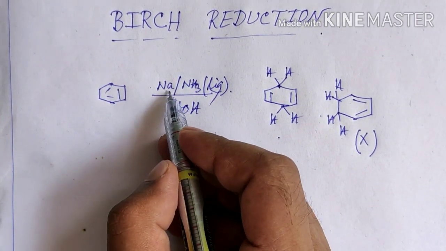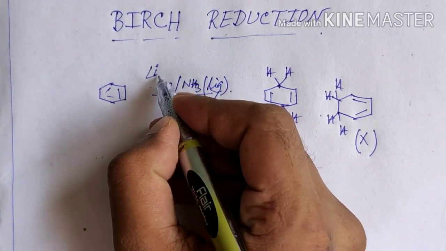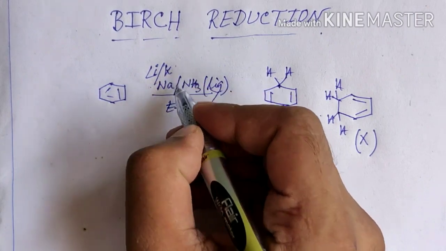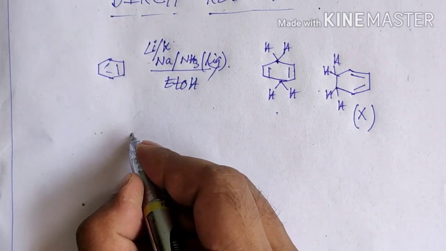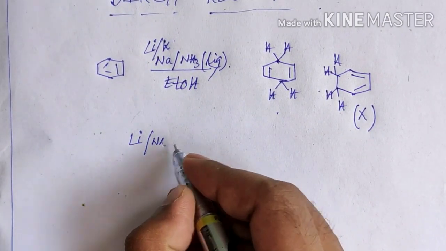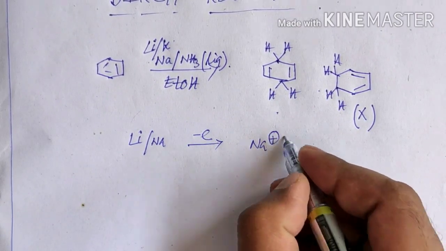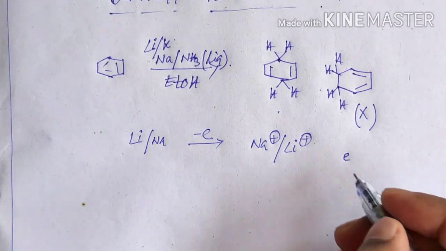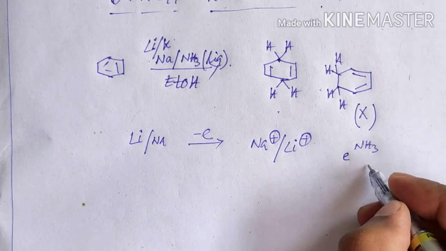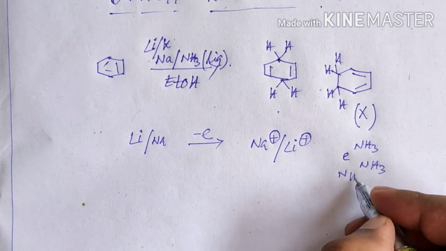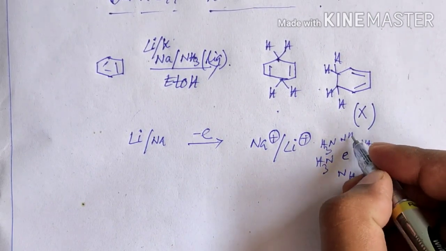You can see that the reagent is sodium, or another alkali metal, that is lithium, or in some cases potassium. In the reaction medium, the alkali metal, lithium or sodium, can donate an electron and get converted to the corresponding cation, and this free electron is surrounded by the solvent ammonia molecules.